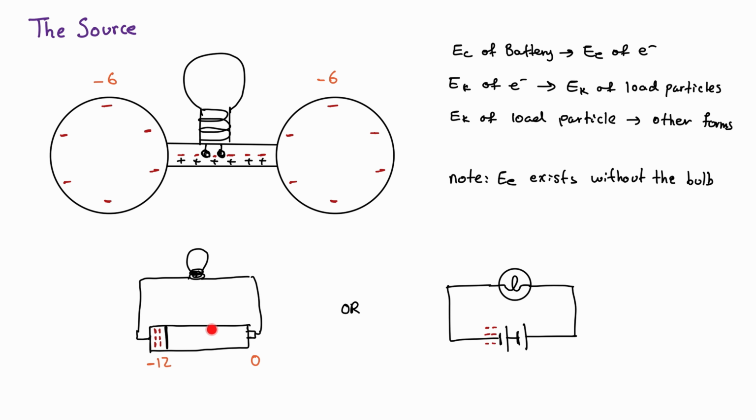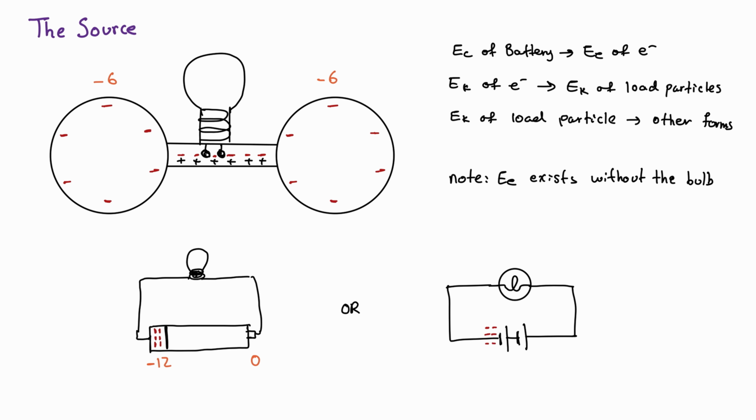Once that starts to happen, when this set of charge starts to move, let's say 2 of them will move, we will get to -10. The charges come here, but this side becomes -2, and the battery isn't fast enough to bring more electrons here on time. So the next set goes, and the next set goes, until we get to -6 and -6, and that's where there's no more potential for the electrons to move anymore.